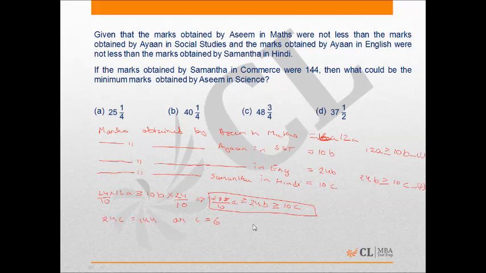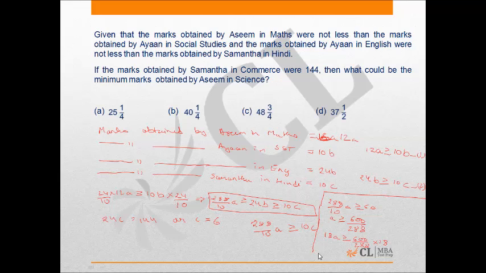Now I know that 288 divided by 10A is greater than or equal to 10C. Putting the value of 10C, solve it here. 288 divided by 10A is greater than or equal to 60, or A is greater than or equal to 600 upon 288, and I know that I have to find out 18A. 18A is greater than or equal to 600 upon 288 into 18.